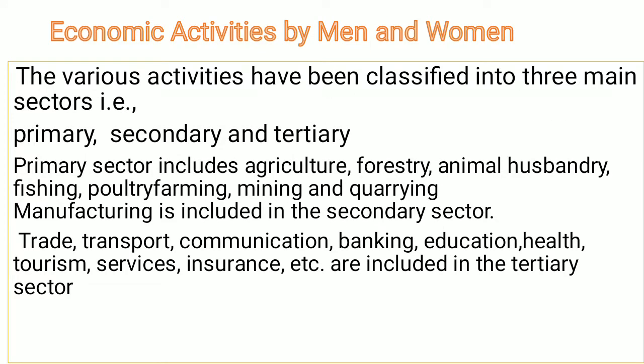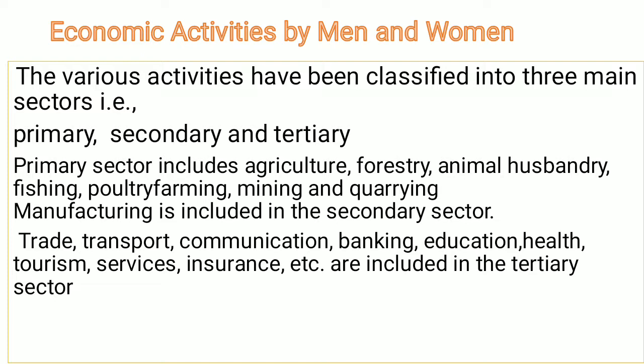Now, let us talk about some economic activities by men and women. The various activities have been classified into three main sectors. These are primary sector, secondary sector, and tertiary sector. Now let us talk about the primary sector.